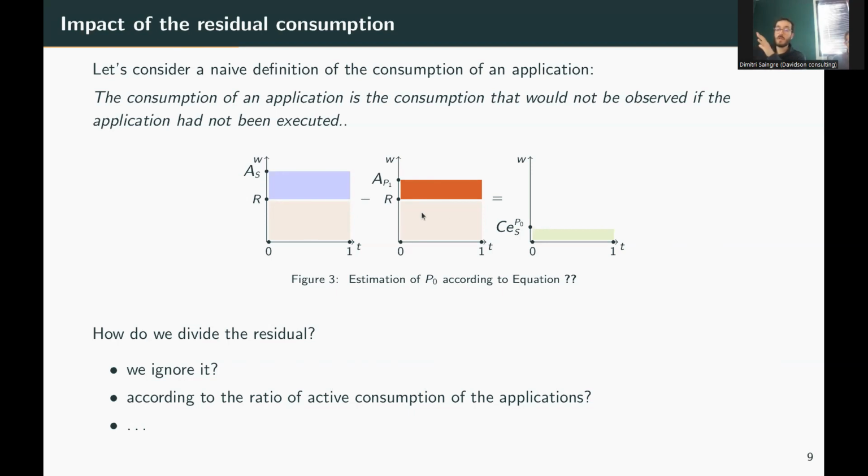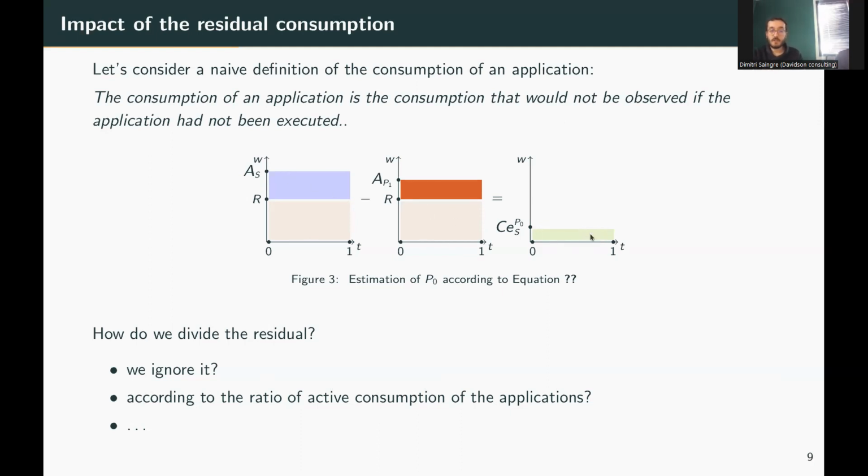If you remove one application, you can observe the consumption, and then the difference between the server with all the applications and the server with all applications minus the application you want to measure, we can consider that in green here you have the consumption of the application.